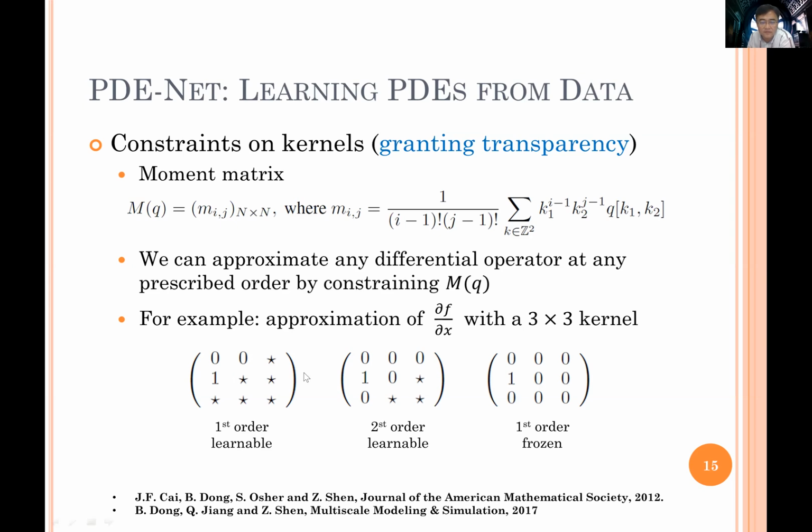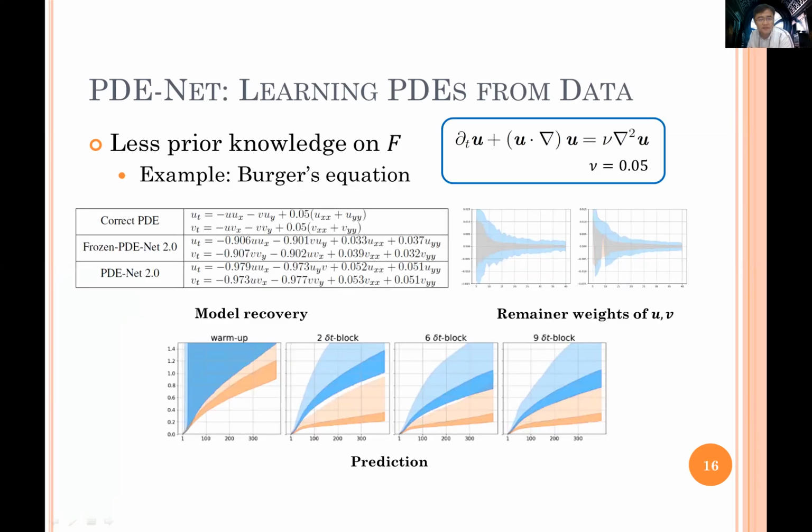We found these 2 types of approaches are quite helpful. It ensures that we know which filters approximate which differential operators, and also gives enough flexibility in finding the best scheme to approximate the differential operators to help solve the inverse problem, not the forward problem, but the inverse problem.